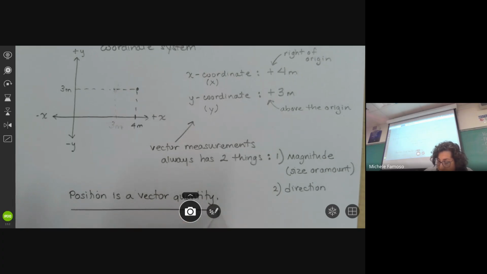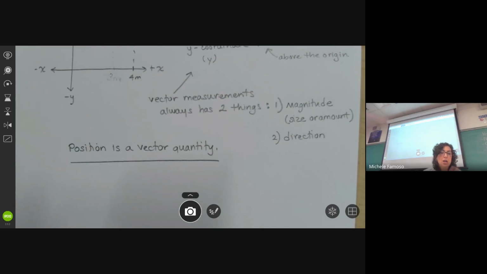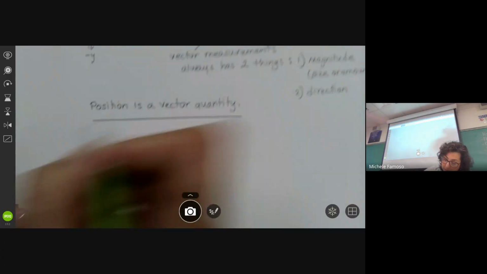Meaning when you state an object's position, you need to give me not only how far away you are from the origin, but in what direction you are away from the origin. Is everybody with me so far? Makes sense so far? That's about as simple as I can make this. Let's then talk about different ways we can specify direction.